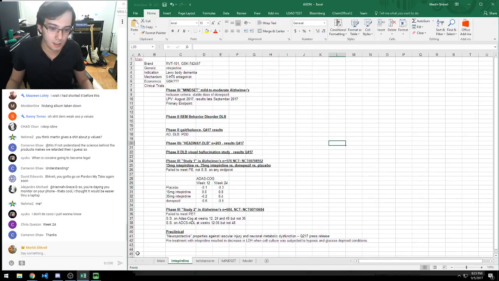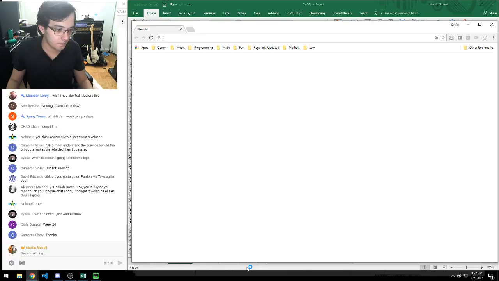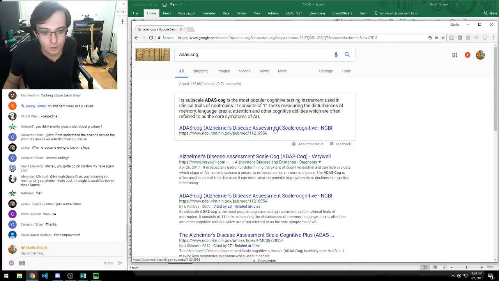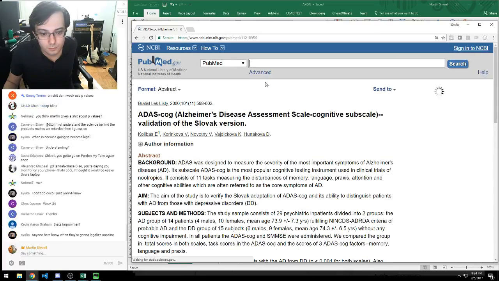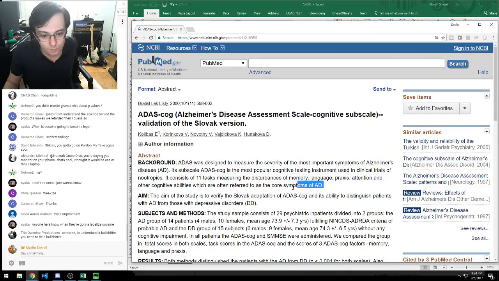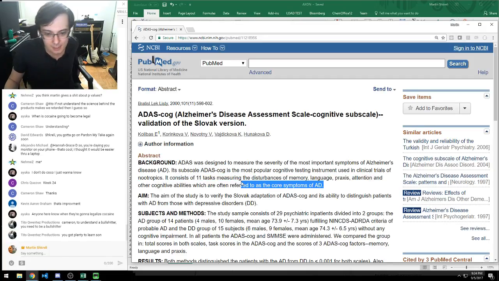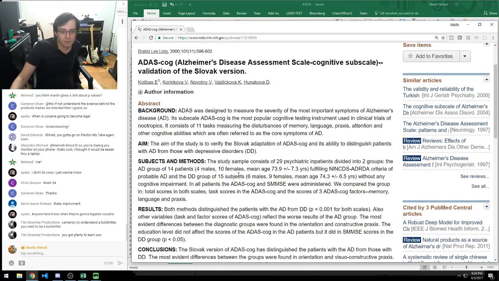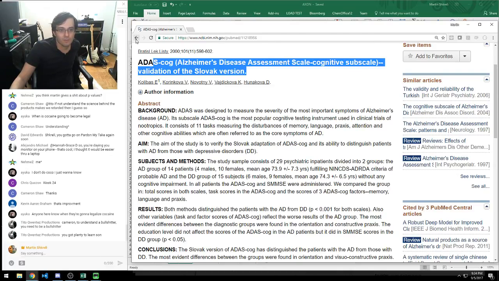Let's look at the ADAS-Cog scale while we're at it. Eleven tasks measuring the disturbances of memory, language, praxis, attention, and other cognitive abilities, which are the core symptoms of Alzheimer's disease. This is the Slovak version validation.